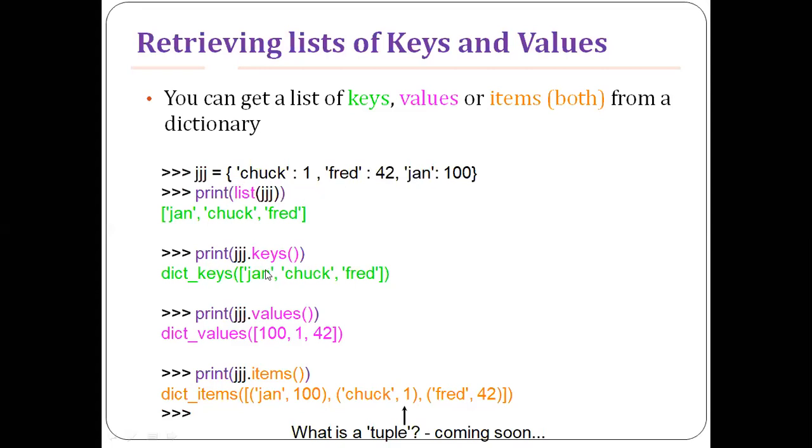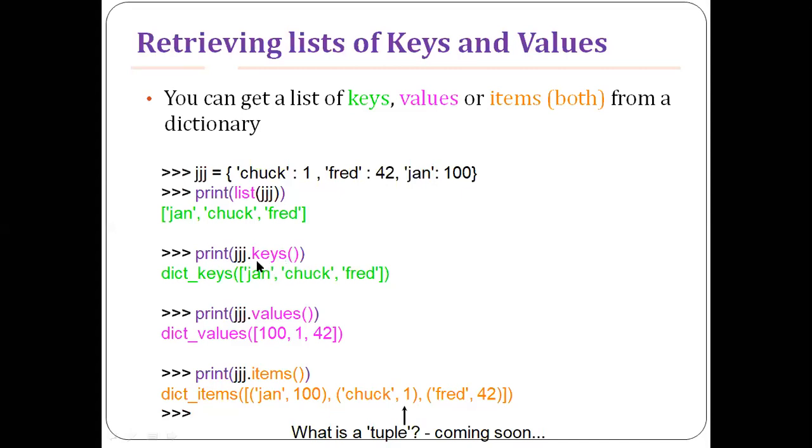So look at how to retrieve the values corresponding to keys from the count. In another method, we can retrieve only the keys from the dictionary. So how to do that? Print jjj, that is the dictionary name, followed by dot keys.